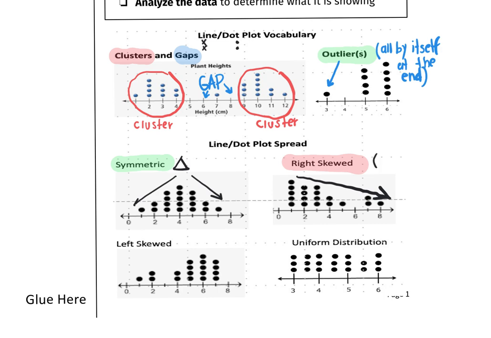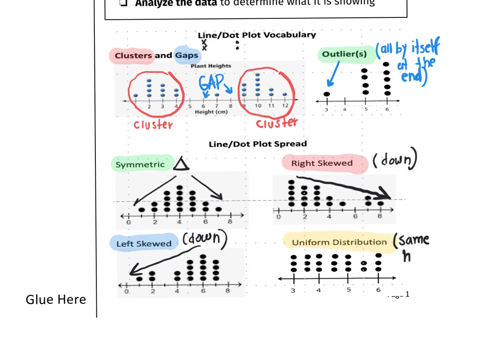So if it's right skewed, go ahead and write down, goes down on the right-hand side. Left skewed is it goes down this way to the left, okay? So it's going down. All right, and uniform distribution, if you notice this last one, uniform distribution, it means that all the dots are about the same height.